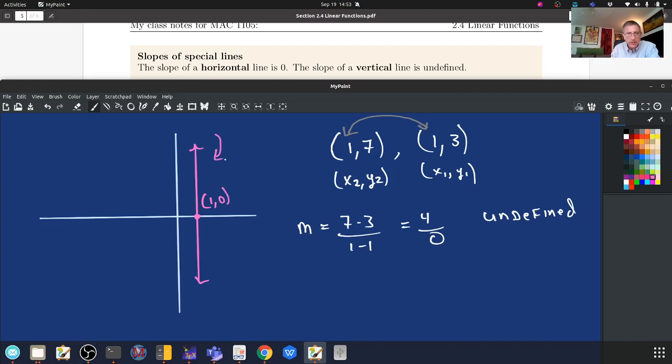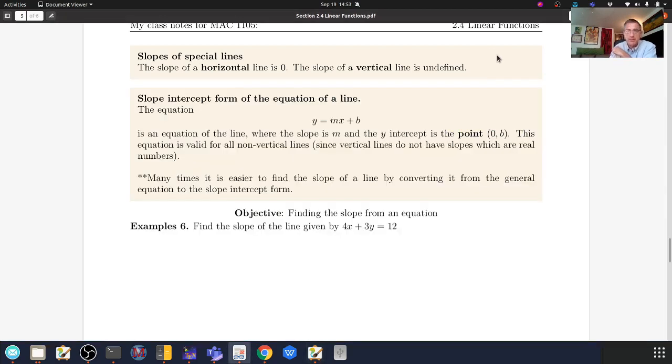So this is the graph of the line x is equal to 1. Why? Because every point on this line, no matter where you draw it, has an x value equal to 1. The y value varies, but the x value is constant.